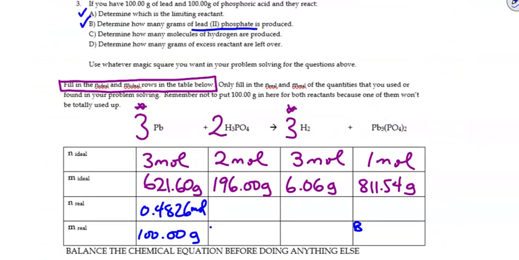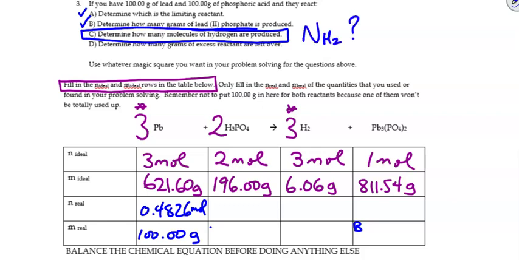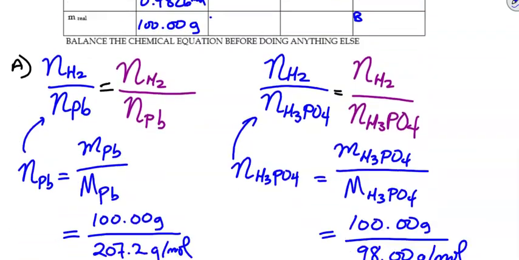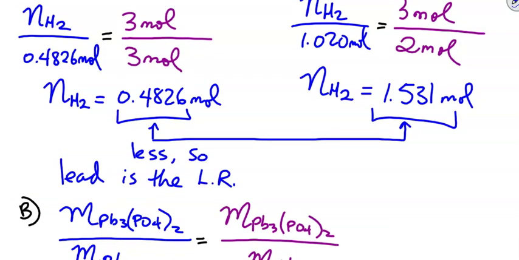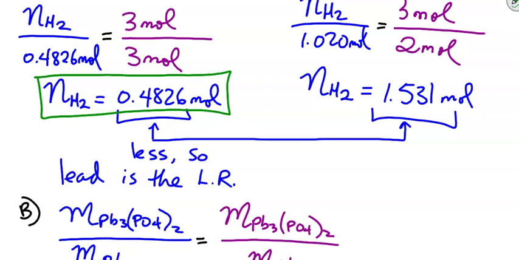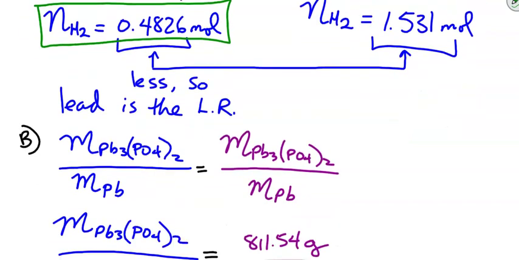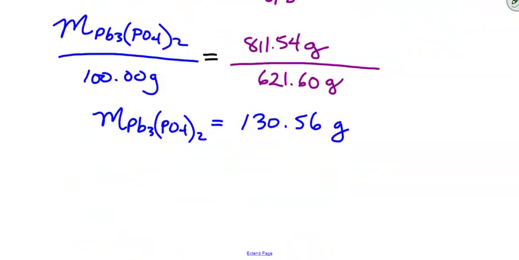So, go back up here. There's a check for that. Determine how many molecules of hydrogen are produced. Okay, so that's N of H2. Well, this one's actually going to be pretty quick because I said to put a pin in it over here. We can use this piece of information right here to solve question C. So we can save ourselves that time. All right.